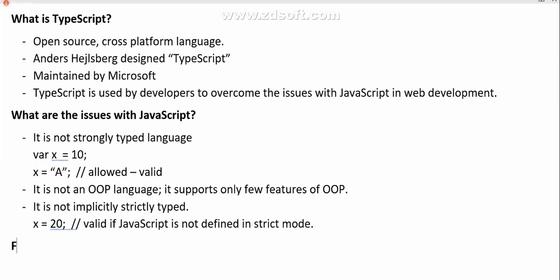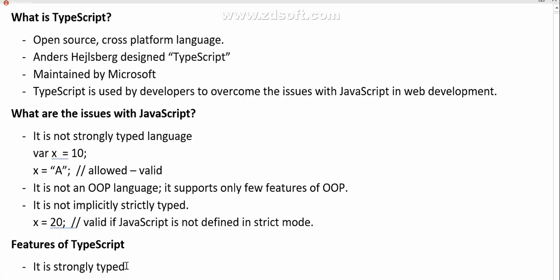So the main features of TypeScript, the key features of TypeScript. One of the main advantages of TypeScript is that it is strongly typed. Second important point is it is strictly typed.